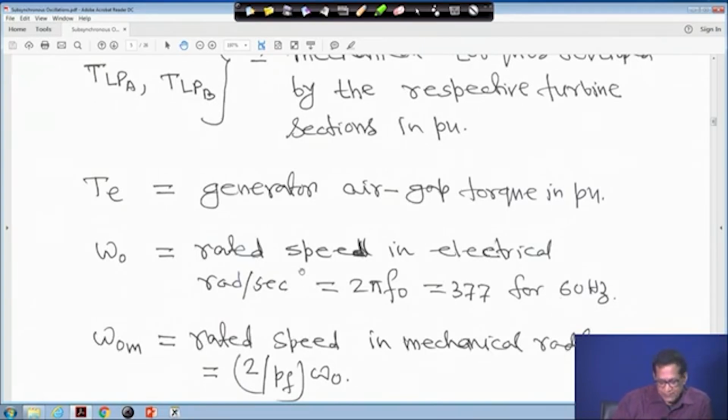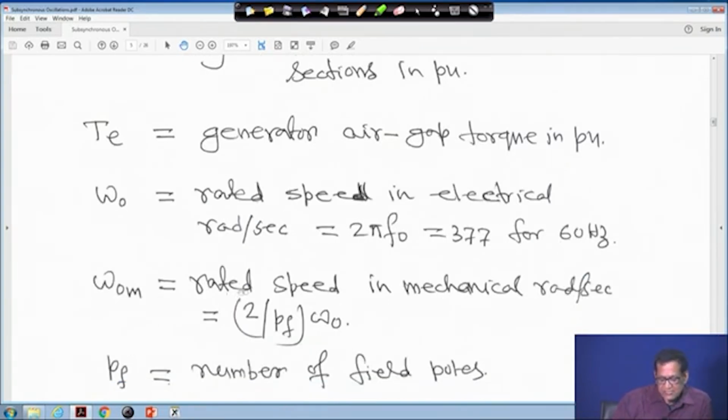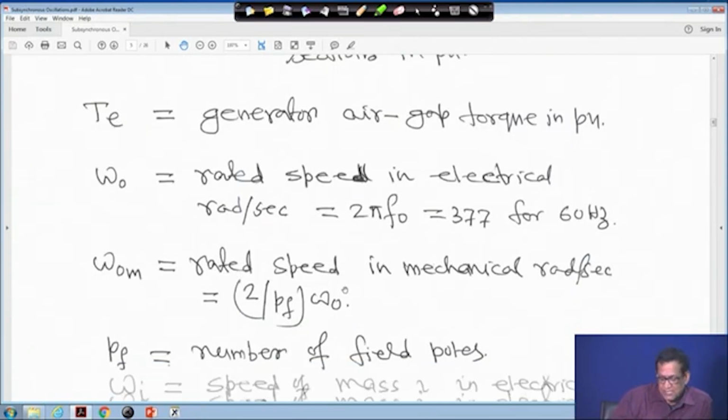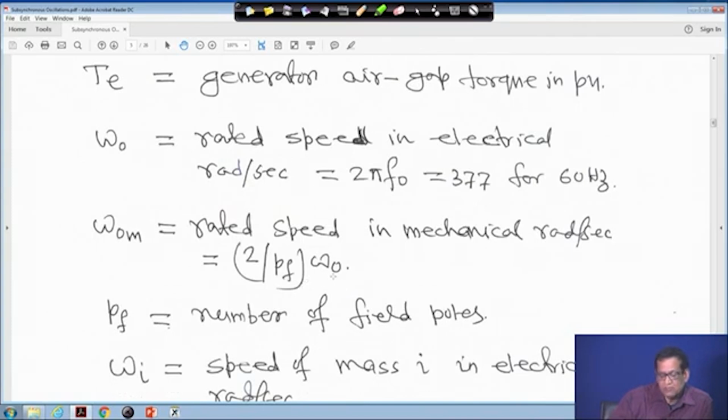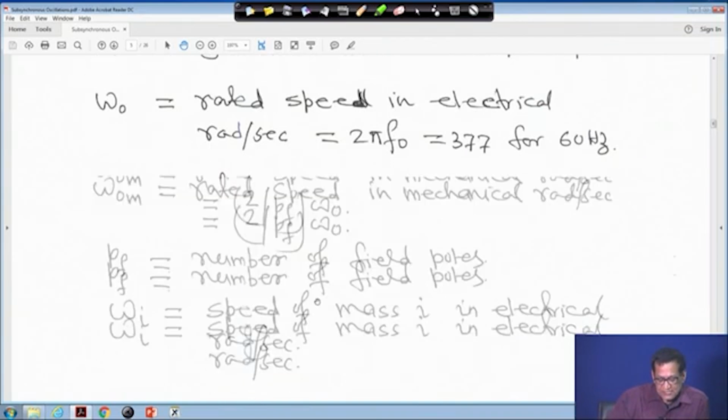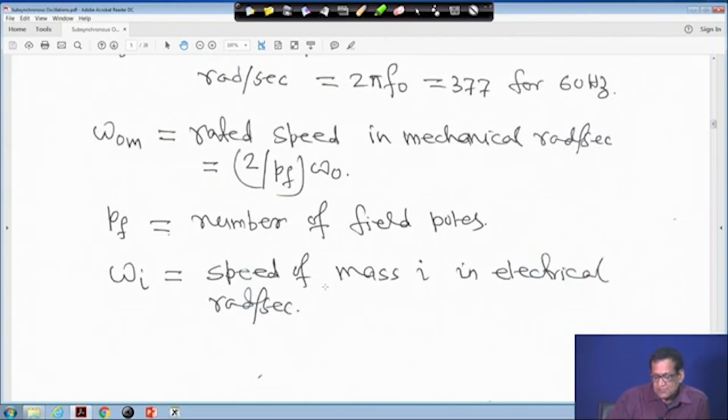And omega 0m, the rated speed in mechanical radians per second, is 2 upon pf into omega 0, where pf is the number of field poles. This we saw at the beginning when studying the synchronous machine. Omega i is the speed of mass i in electrical radian per second.